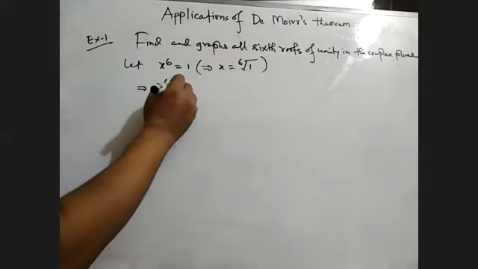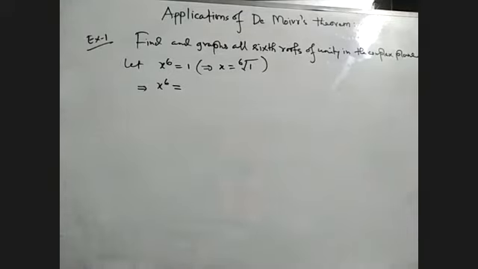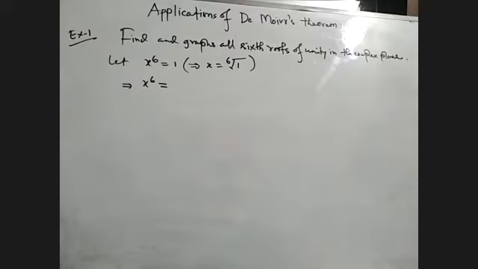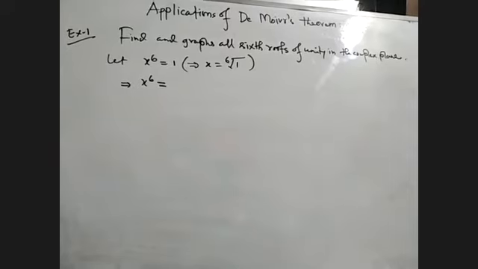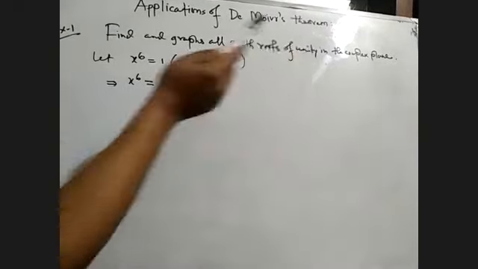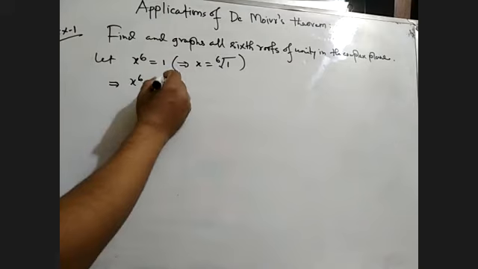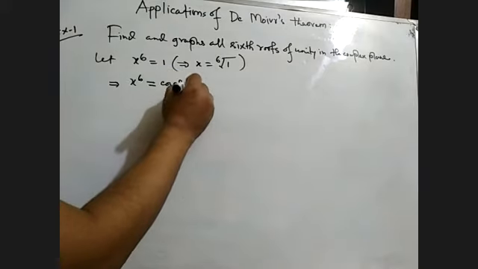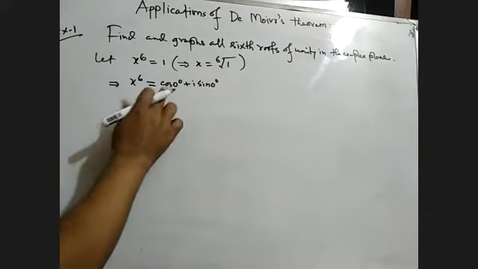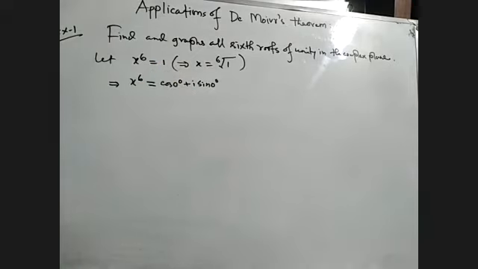Find and graph all six roots of unity in a complex plane. And 1 can be written as cos 0 degrees + i sin 0 degrees. Cos 0 degrees means 1 and sin 0 means 0. This is why this equals 1.